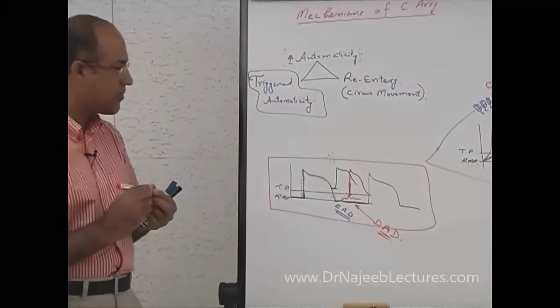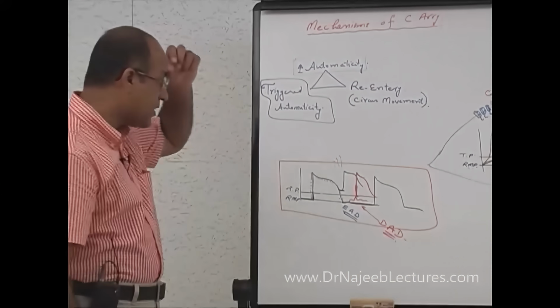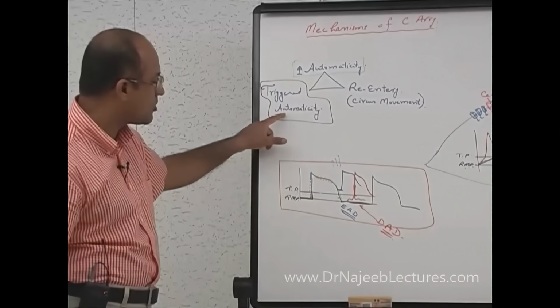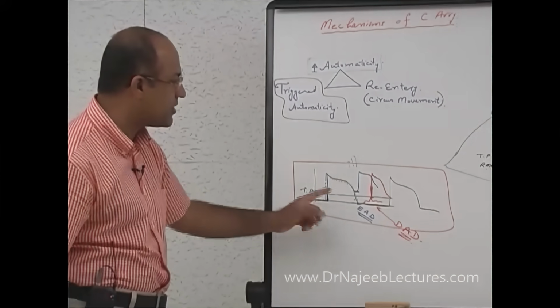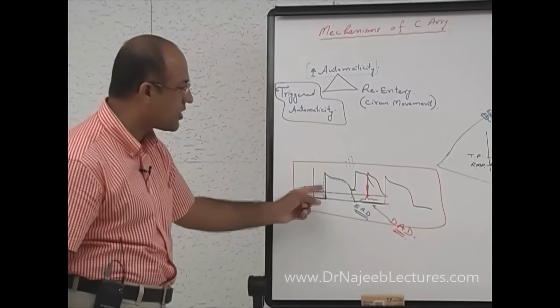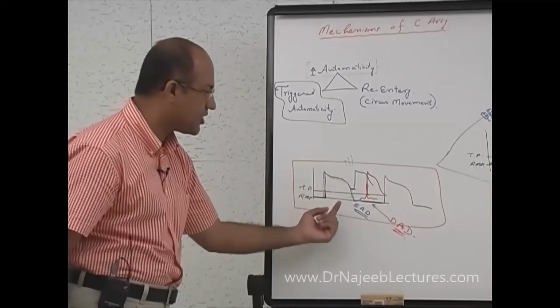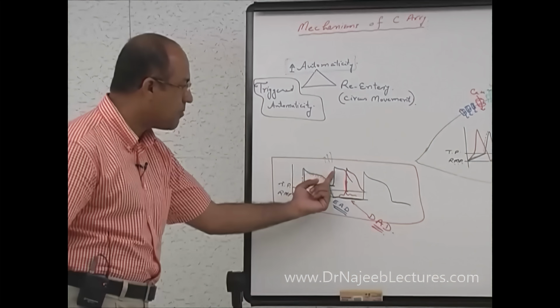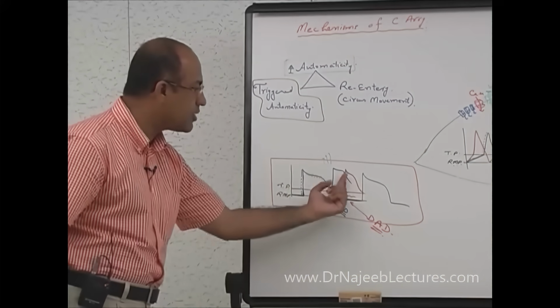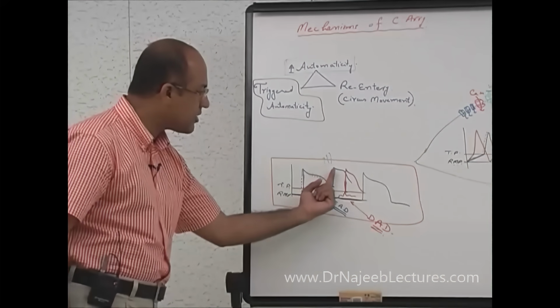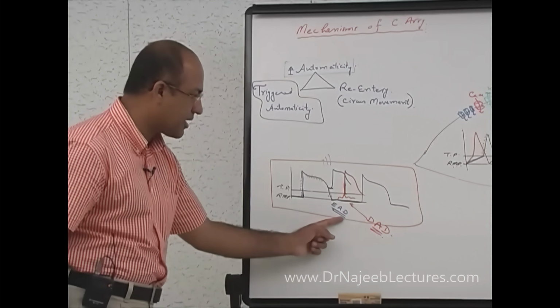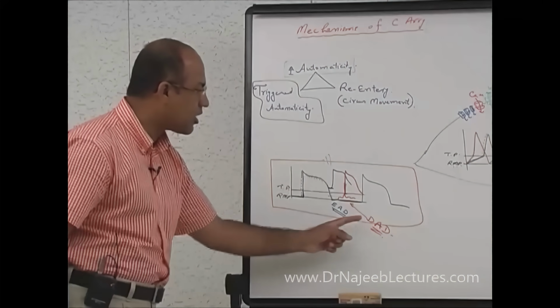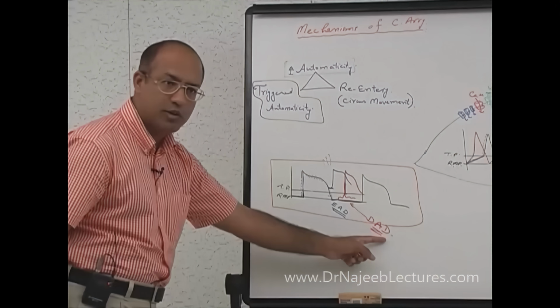So let me tell you, number one, we are talking about triggered automaticity. When there is triggered automaticity, what really happens is that after the spontaneous depolarization, there is a triggered depolarization. Now this triggered depolarization may be early or it may be late. If it is early, we call it early afterdepolarization, and if it is delayed, we call it delayed afterdepolarization.